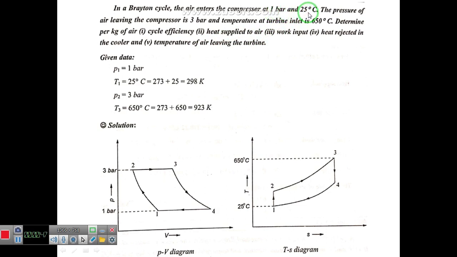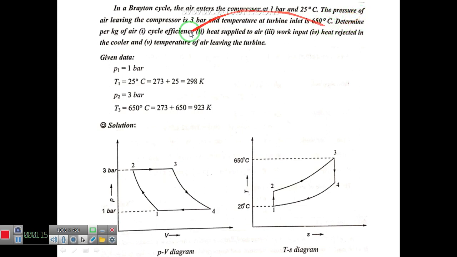The pressure of air leaving the compressor, P2, is 3 bar, and the temperature at the turbine inlet is 650 degrees Celsius. Entering the turbine after the combustion process, the temperature will be increased. That is the peak temperature, T3, 650 degrees Celsius.